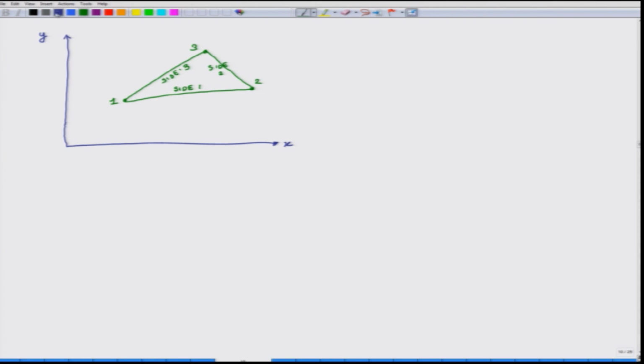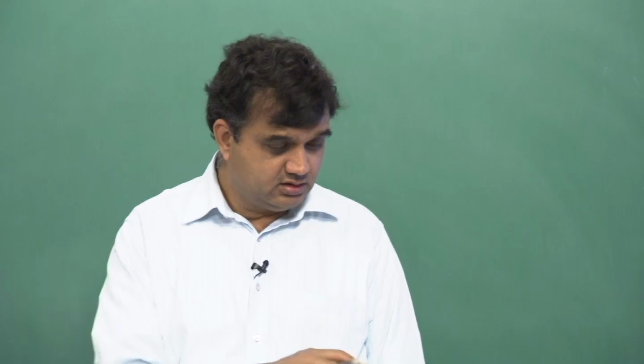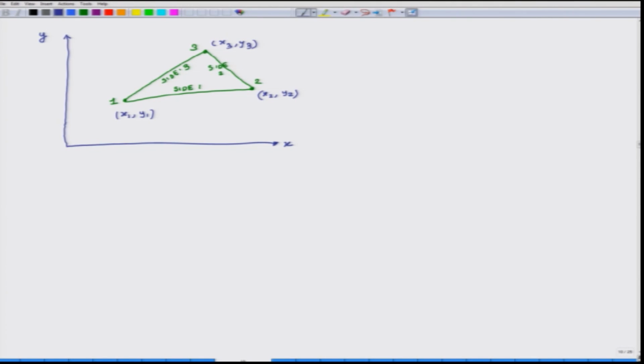The global coordinates of this are x1, y1, x2, y2, and x3, y3. x1, y1, x2, y2, x3, y3, they are the global coordinates.